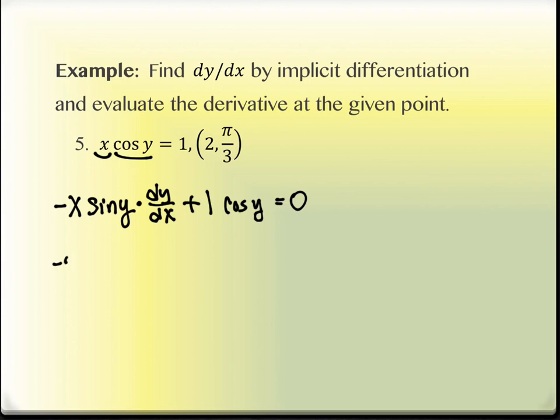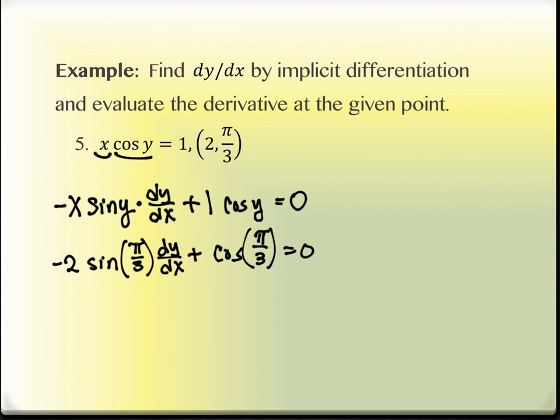We're going to put the 2 in for x and the pi over 3 in for y. dy dx, I don't know. That's the goal. I'm trying to find that. Didn't really need the 1 anymore. Let's do cosine of the same y, pi over 3. Now the only thing I don't know is dy dx. I will be able to solve for this and simplify and so forth.